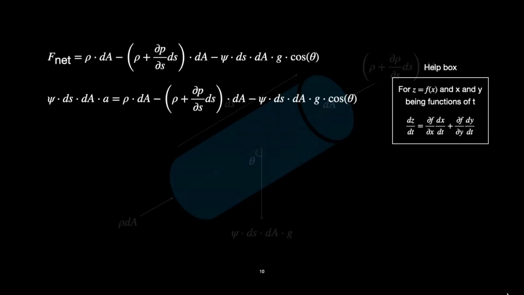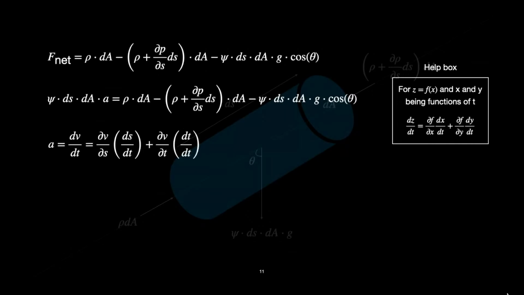Now the right hand side is the same. The left hand side is going to change to the mass times the acceleration. And as you can see, we have labeled mass as the density times the area times the width of the cylinder. And nothing else is changed.